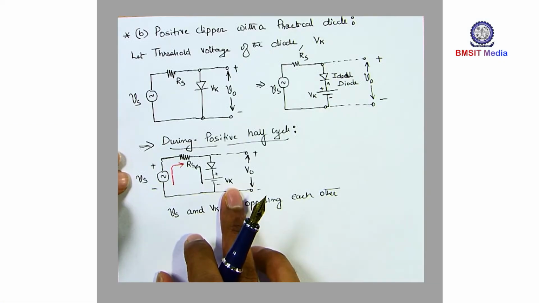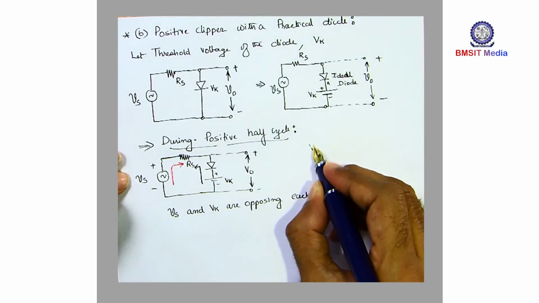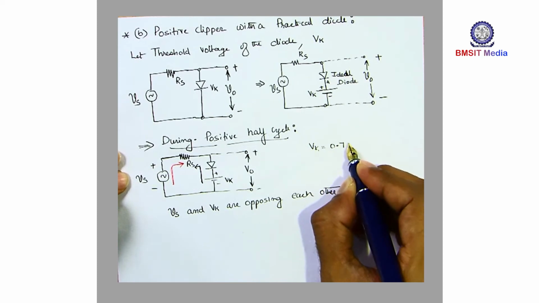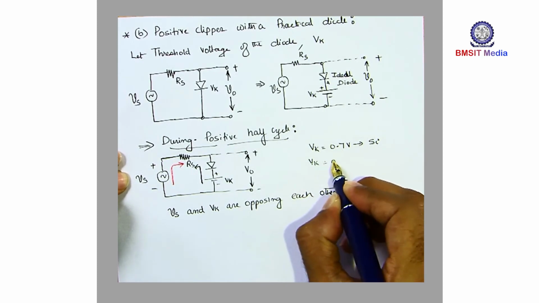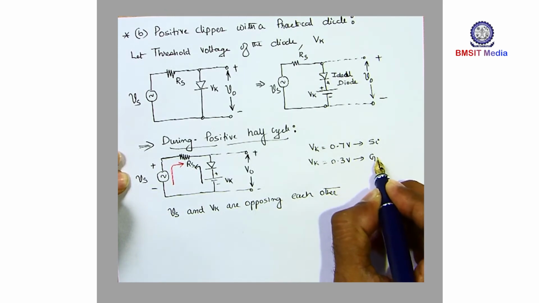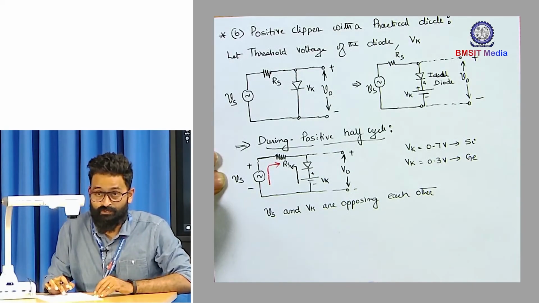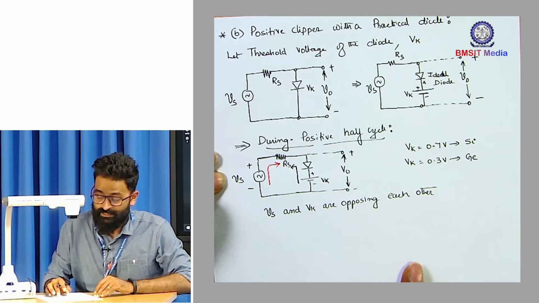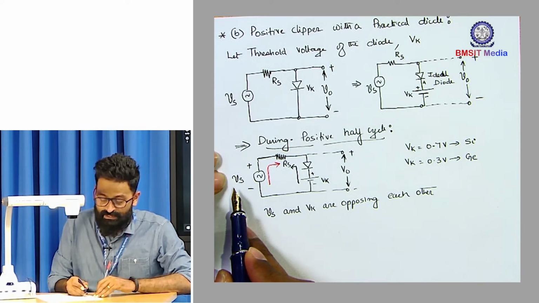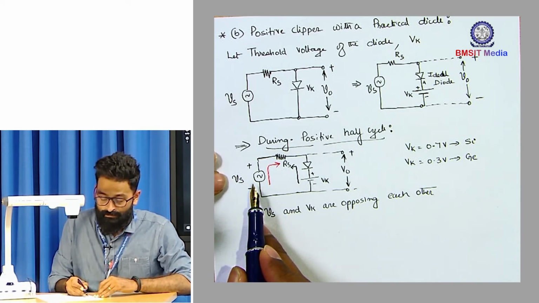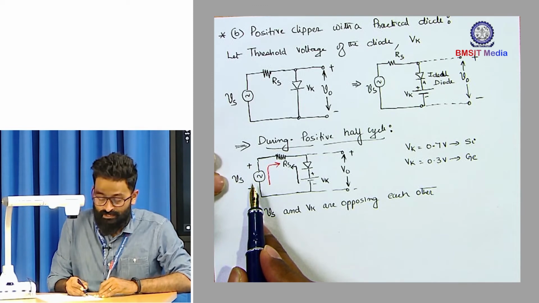Vk is basically a DC potential whose value is 0.7 volt for a silicon diode and 0.3 volt for a germanium diode. You can consider it as a DC source since it has a fixed potential. On the other hand, Vs is a sinusoidal source whose magnitude is not constant.